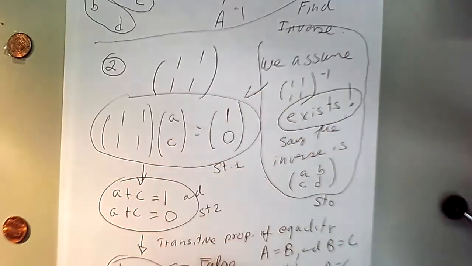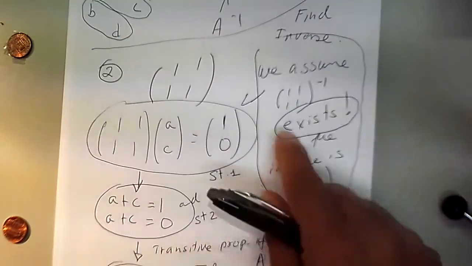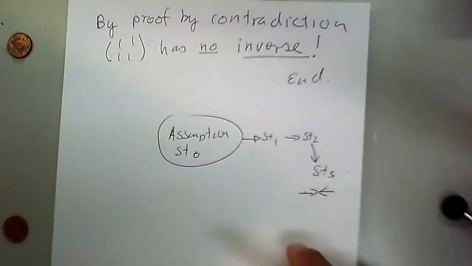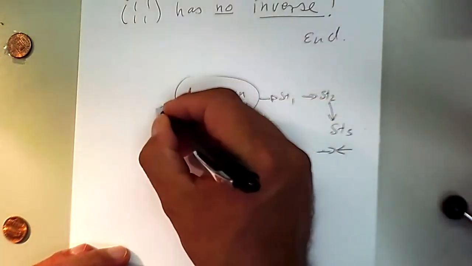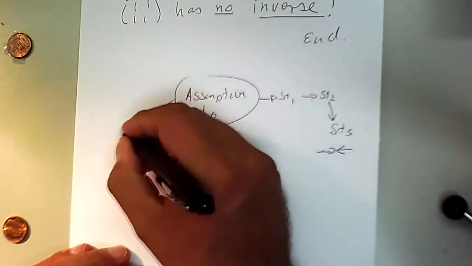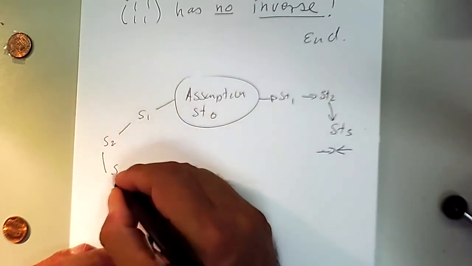We went statement 1, 2, 3, and that was a contradiction. But what if we follow the path of looking at the second column? Then you get statement 1, statement 2, statement 3.